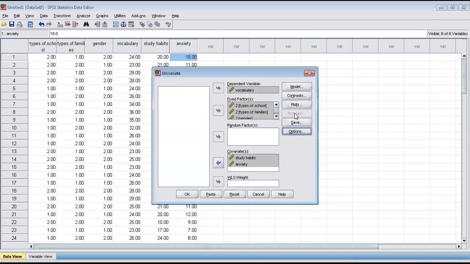Why? Because each variable has two levels. If one variable had 3 levels, then this would have been active. But now it's not active, so you can't use it and you don't want to use it.